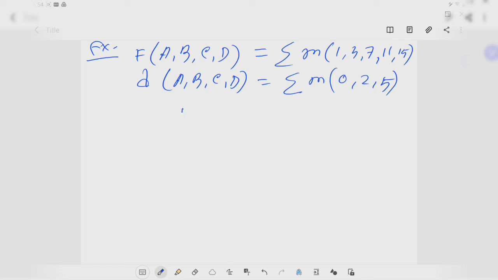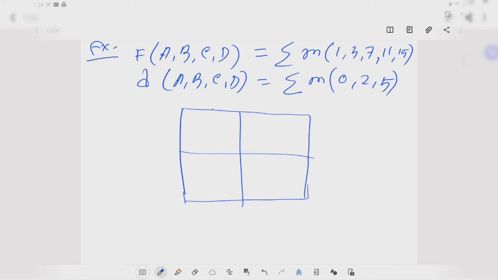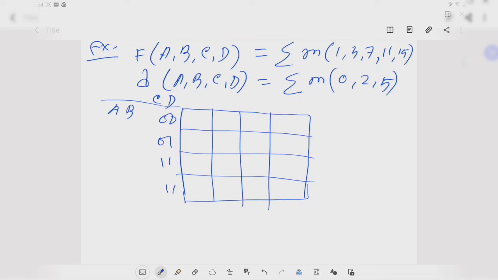So it's a 4 variable K-map. On one side we have AB, on the other side we have CD, each with 00, 01, 11, 10.